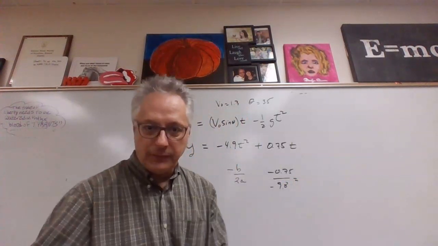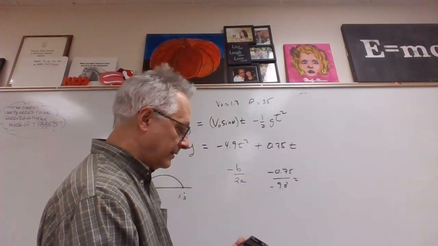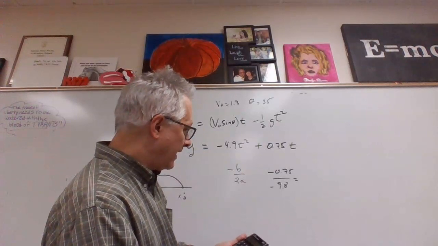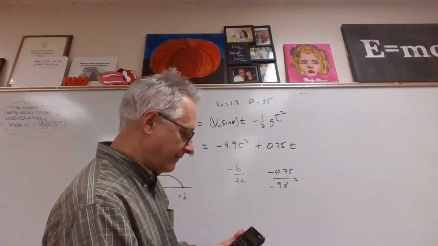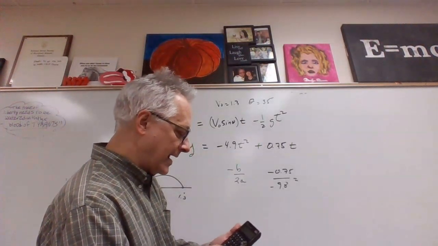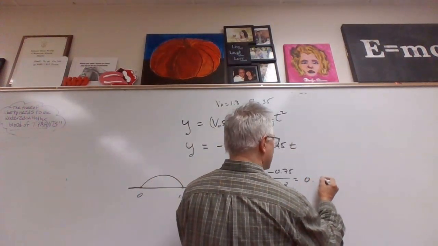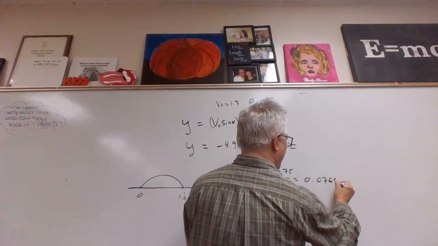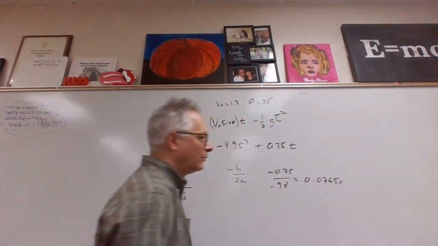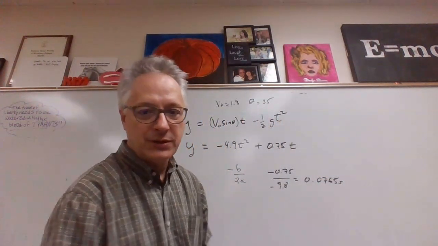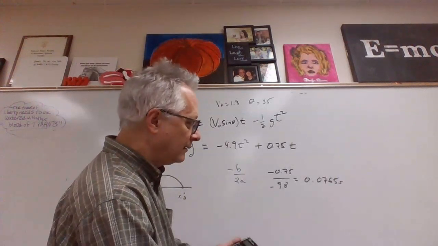And when you do that, you come up with a number that works. So we have 0.75 over 9.8, and that is the time: 0.0765 seconds.